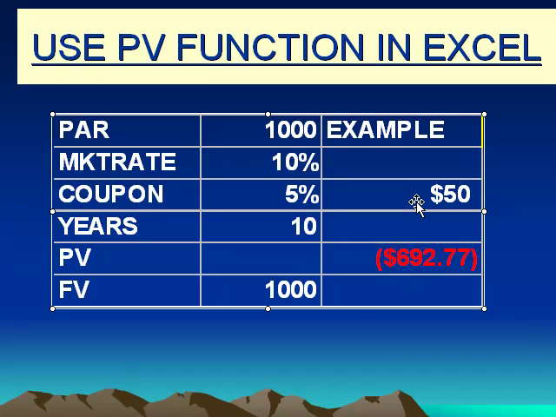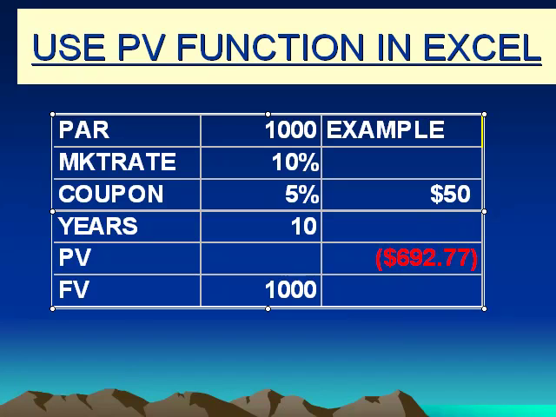All of these are positive values, and that's the same thing you would do in your Distinguished Scholar also. You enter the payment for the interest part and the future value for the principal, and it'll calculate the present value of the bond, which is $692.77. It is a negative value because the present value is what you have to give up today to get the 1,000 in the future, plus $50 every single year for the next 10 years.